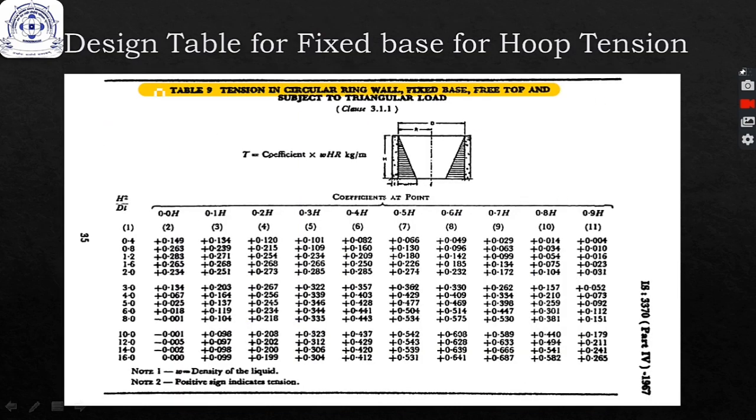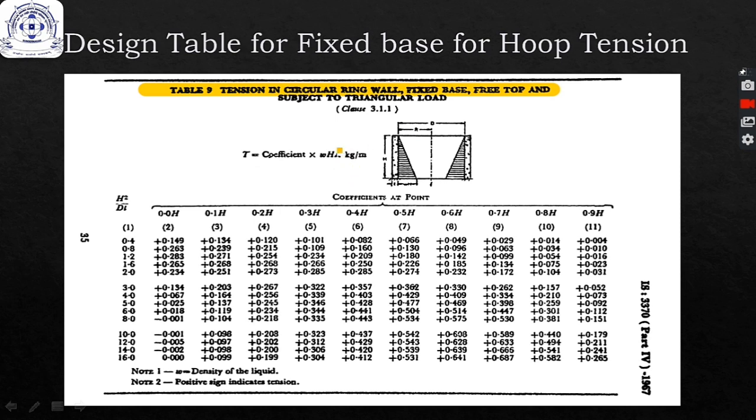This is an example of table number 9 of IS 3370 part 4. This is the table for tension in circular ring wall, fixed base, free top and subjected to triangular loading, and this is the table for T, direct tension, where T is equal to coefficient into W into H into R, or D by 2.